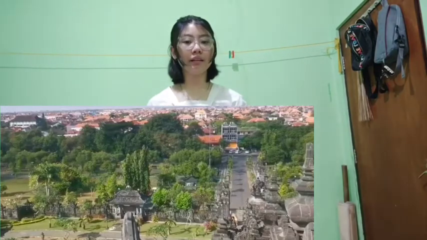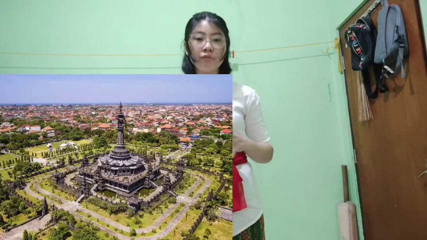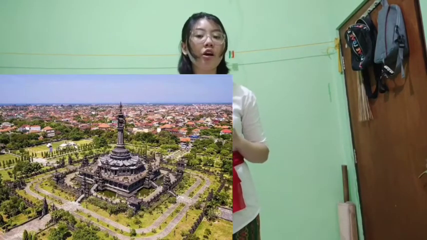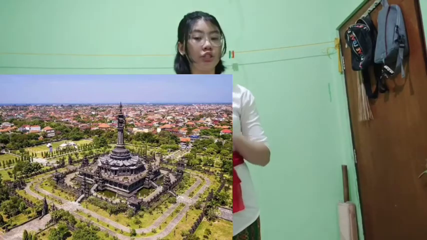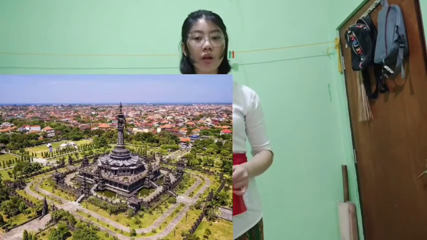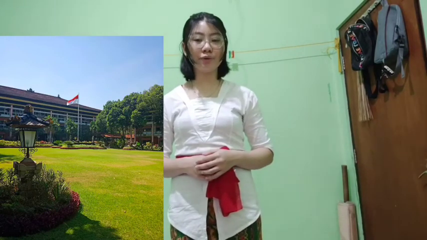Ladies and gentlemen, a little bit of information for you. The Bajra Sandhi Monument is located in the middle of Renon field, which is often used for sports like jogging, basketball, football, and other sports. Renon is also where Bali's governor is located. The place is behind the Bajra Sandhi Monument.